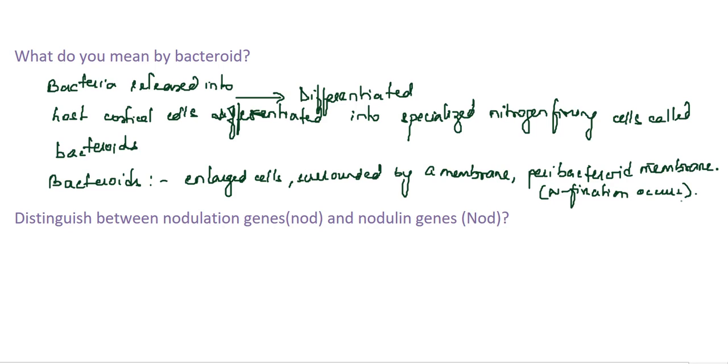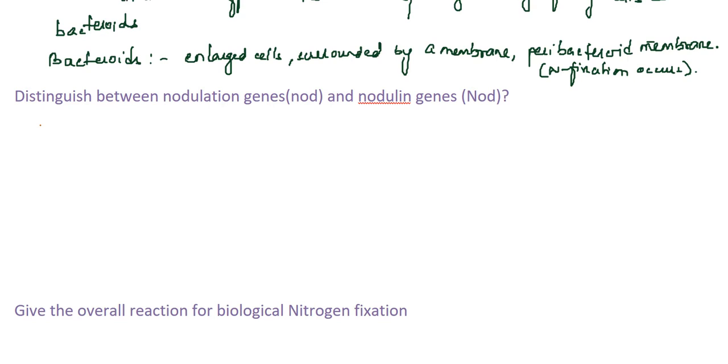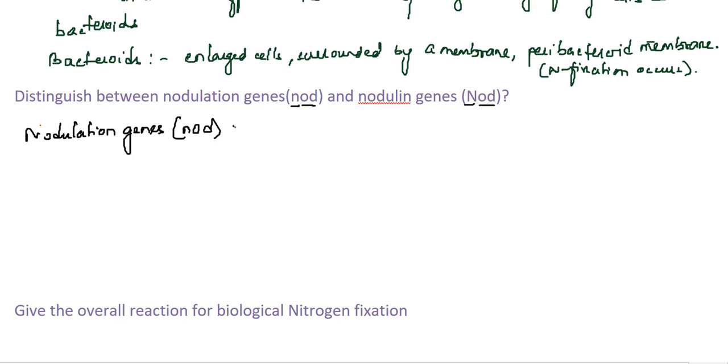Next is, what is the difference between nodulation genes, which are written as small n nod, and nodulin genes, which are written as capital N Nod? Let's start with nodulation genes. They are written with small n. These nod genes, also known as nodulation genes, are rhizobial genes. What is the meaning of rhizobial gene? That means they are released by the bacteria rhizobium.